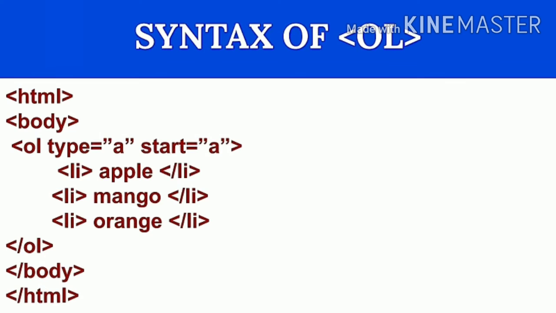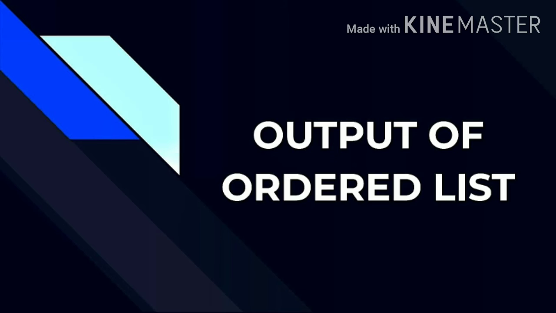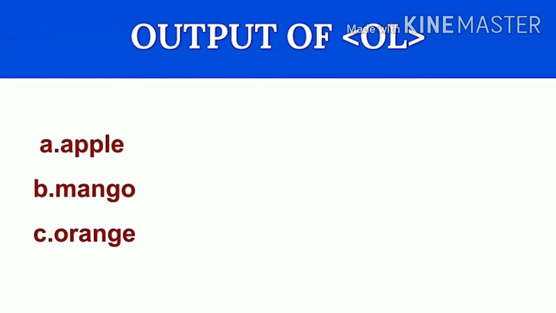In the list pair tag, we write three words: apple, mango, and orange. You can see the output of the OL tag. Here is the output of the OL tag. You can see that the text written in the list tag is shown like this.